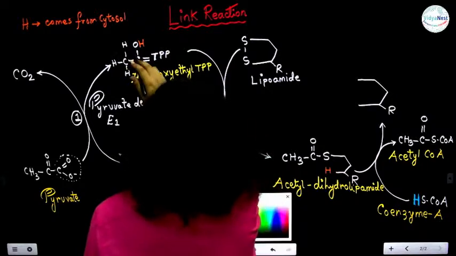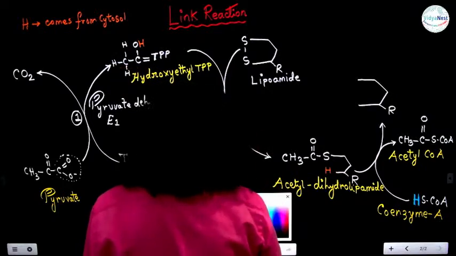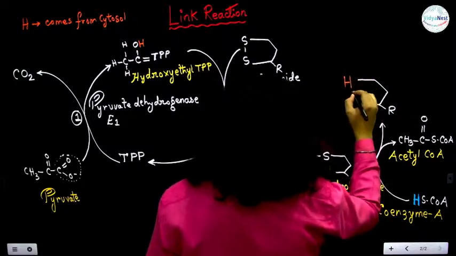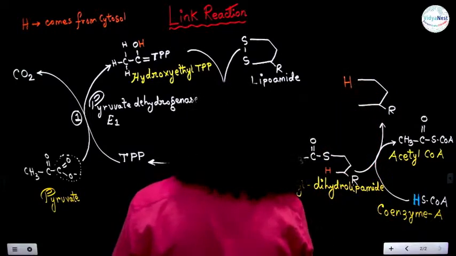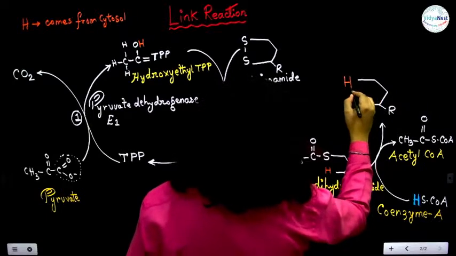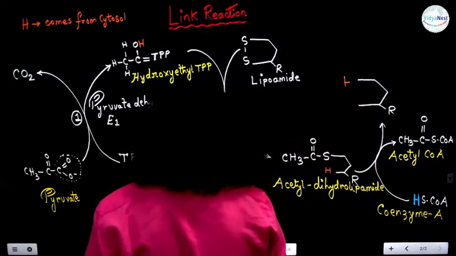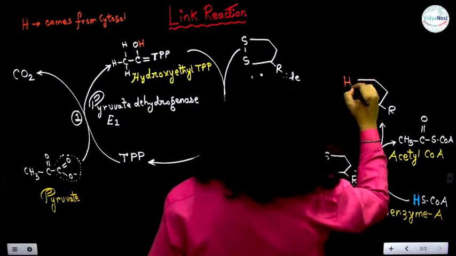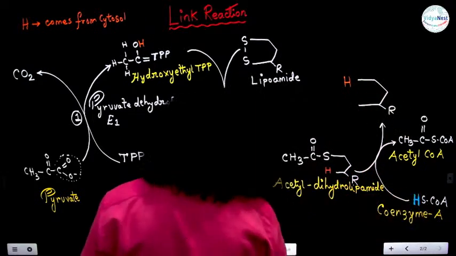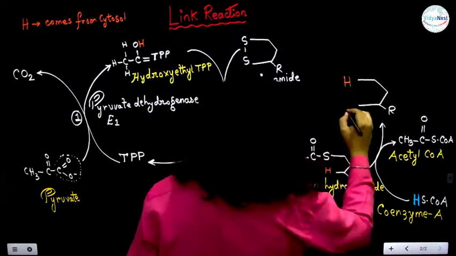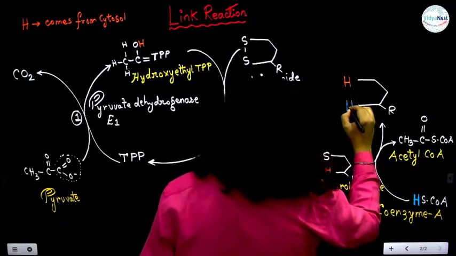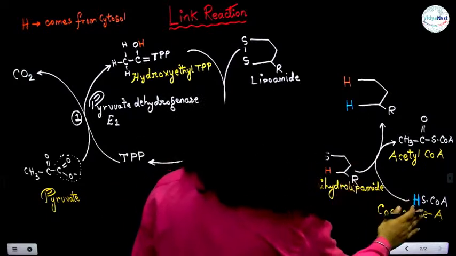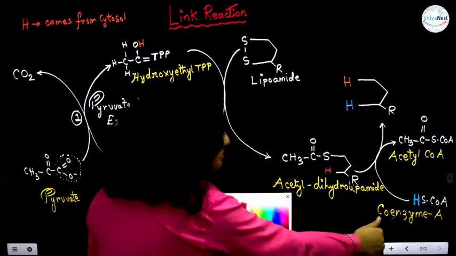You have seen that we have taken hydrogen in this orange color, and another hydrogen which will be coming in the form of blue color. Why? Because this blue color hydrogen has come from which compound?